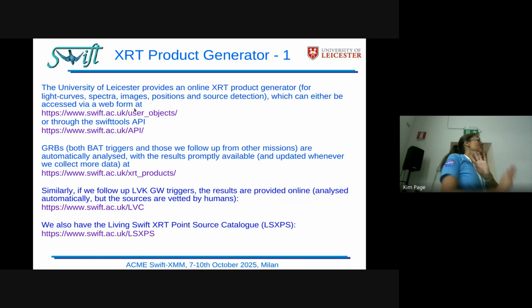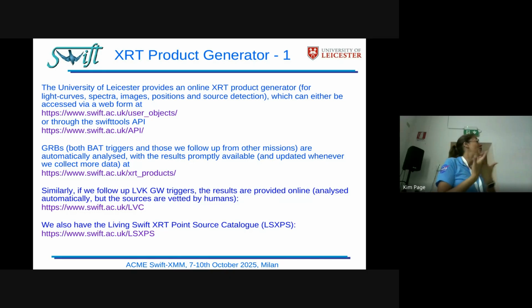So user objects can be used for any of the observations. GRBs are actually automatically analysed by our system. So if you just want to know whether we have a cool light curve for last night's 2 GRBs, you can go along to this XRT_products page, and there are light curves there for every burst that Swift has looked at. So ones that the BAT triggered on, but we also follow up bursts from other instruments.